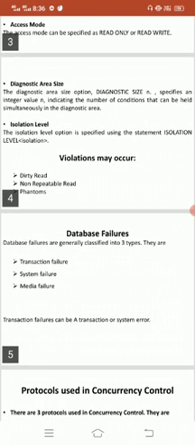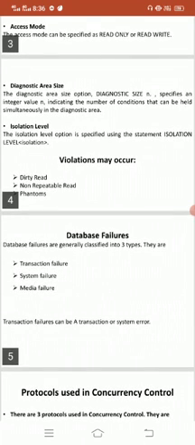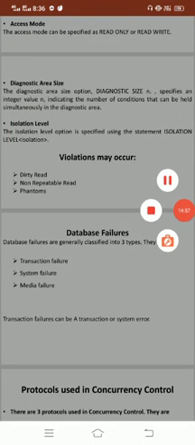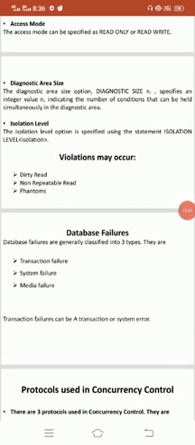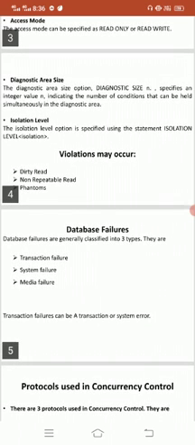So what is meant by transaction failure? Transaction failure can be transactions or system error.